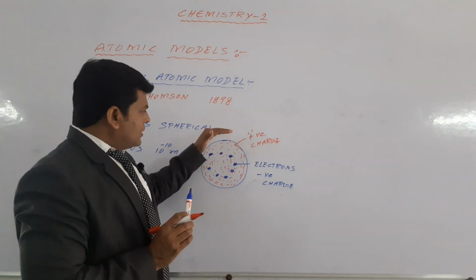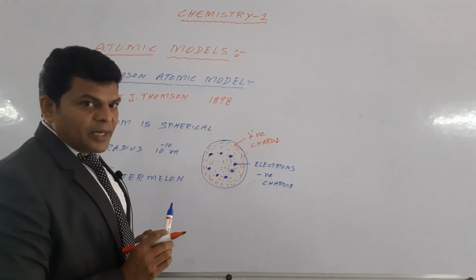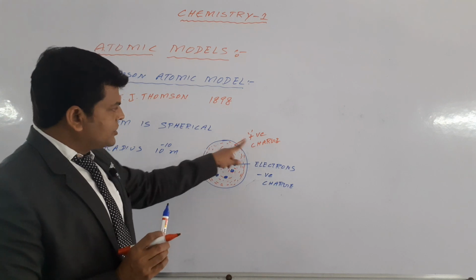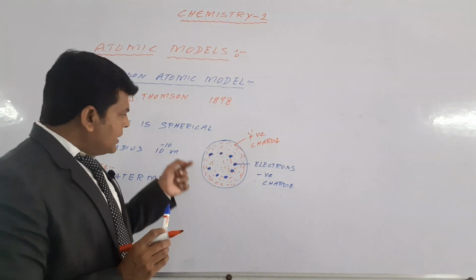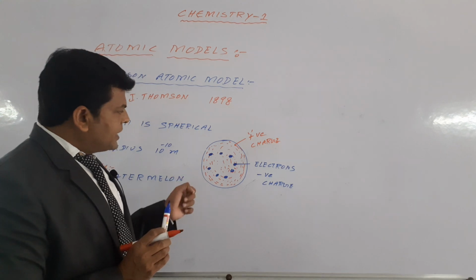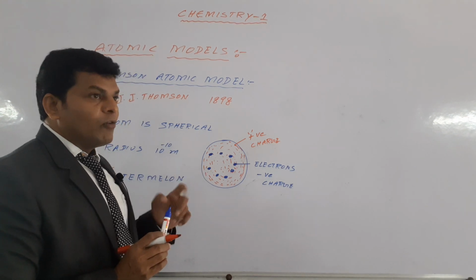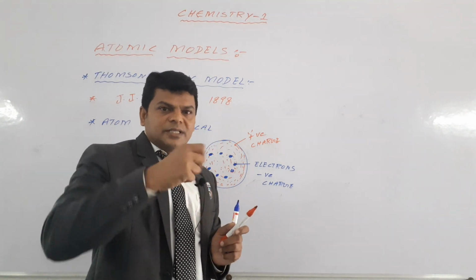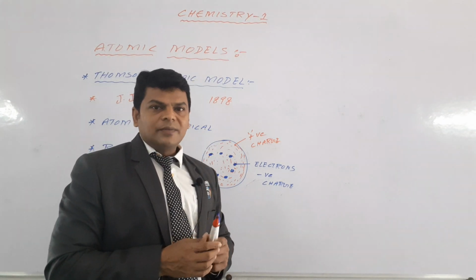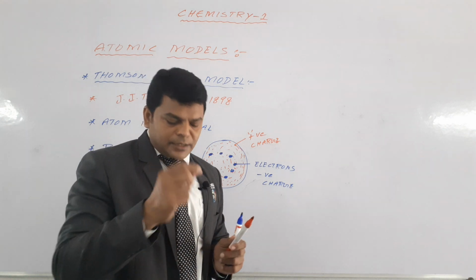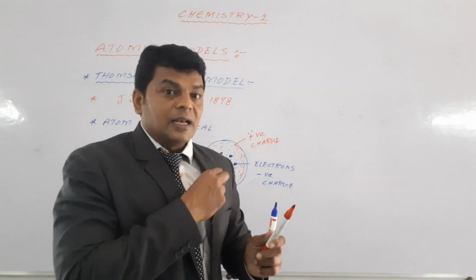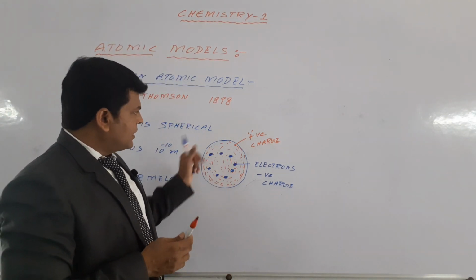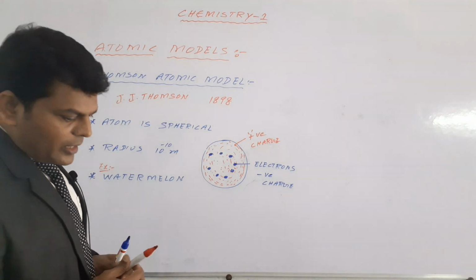The red substance, meaning positive charge, is uniformly distributed all over the atom, and electrons are embedded into the positive charge like seeds in a watermelon. The black seeds are nothing but electrons. This is the Thomson atomic model.